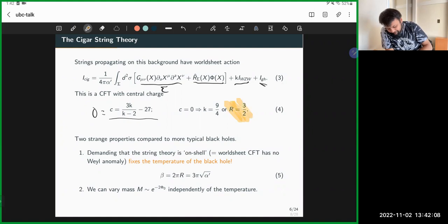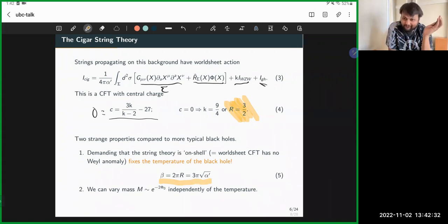So we find that the radius is fixed to a particular value, or in other words, the temperature is fixed to this value, which is order 1 in string units. So it's a very stringy black hole of fixed temperature. However, the mass is related to the maximum value of the dilaton, and that you can vary independently of the temperature.